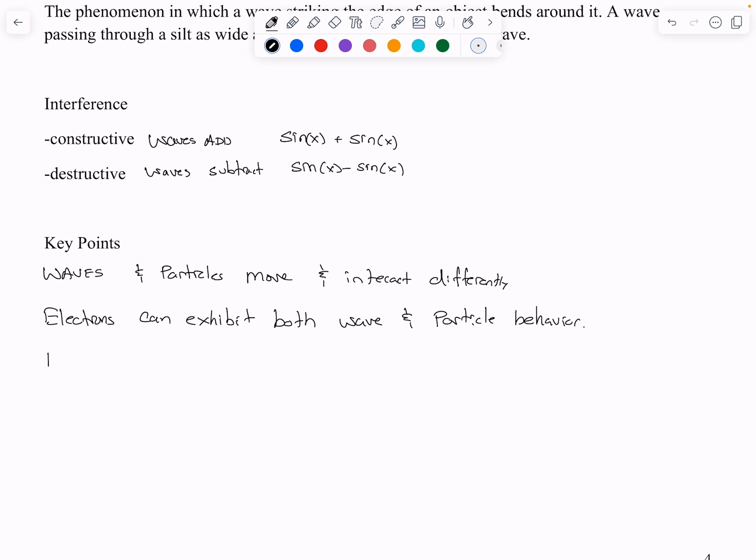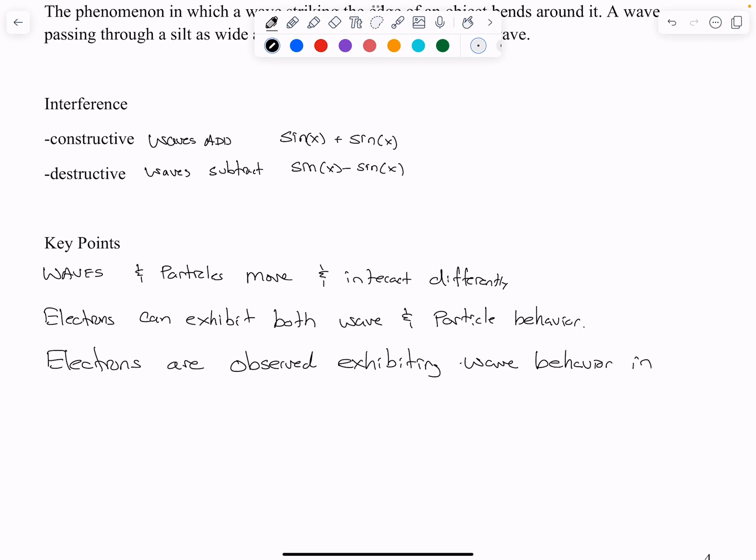And the electrons are observed exhibiting wave behavior in their diffraction. So they make a diffraction pattern.